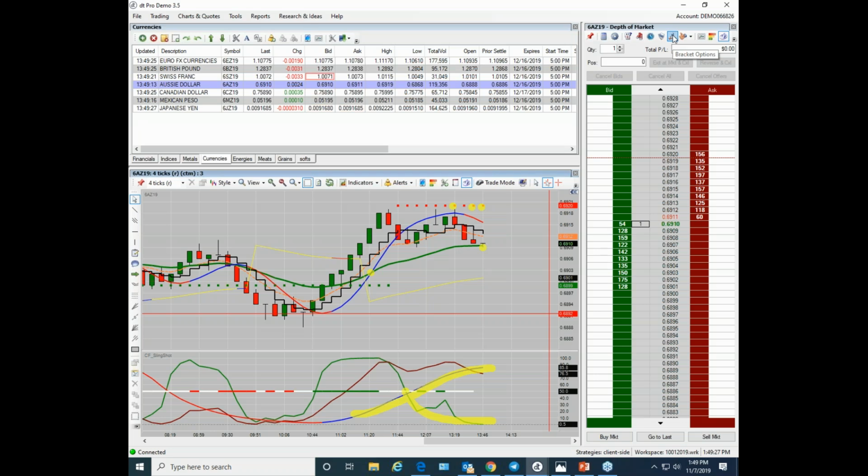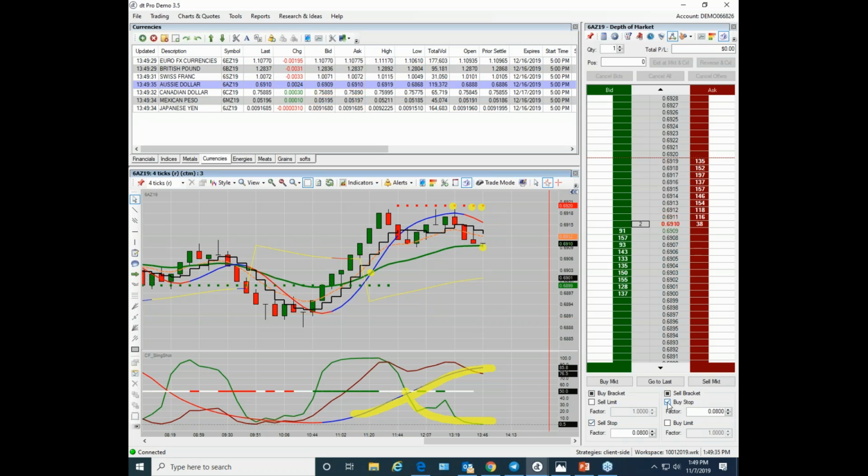Let me show you again the bracket option. Notice when I hit the Tinker Toy triangle option up on top, sell stop is checked off, buy stop is checked off. I would take it a step further and right click over it, go factor in ticks, and make sure these read 8. Notice this says 800.